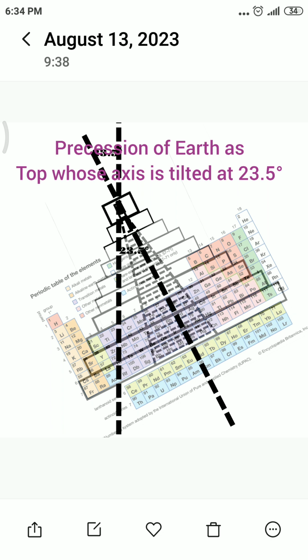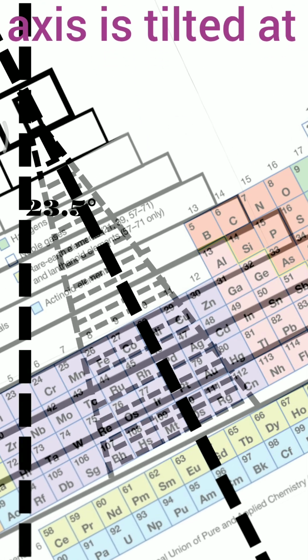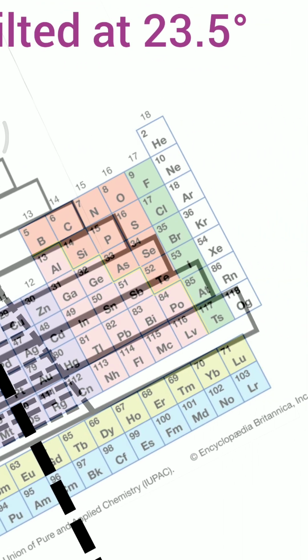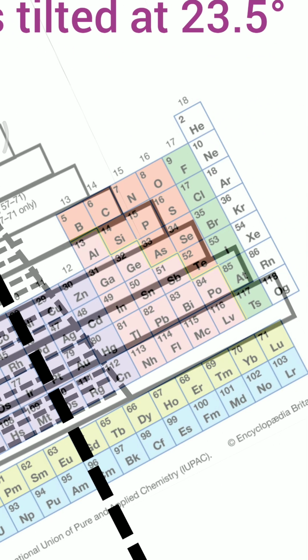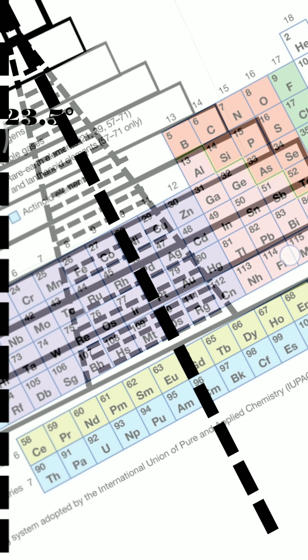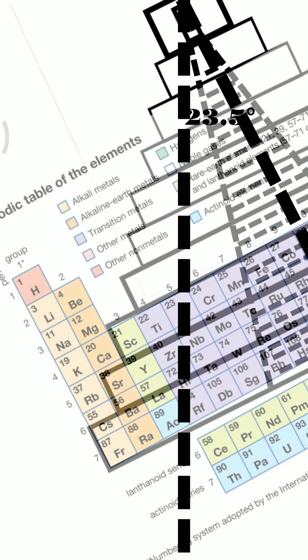So what we can say is that right now we have only 13 steps and only 91 elements.